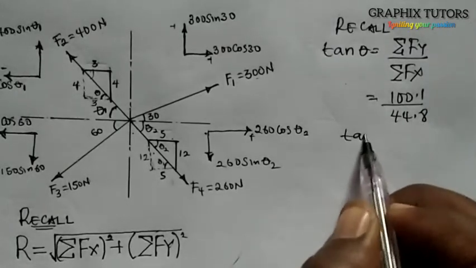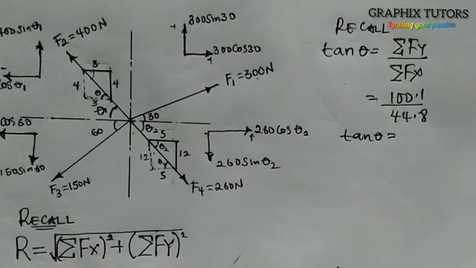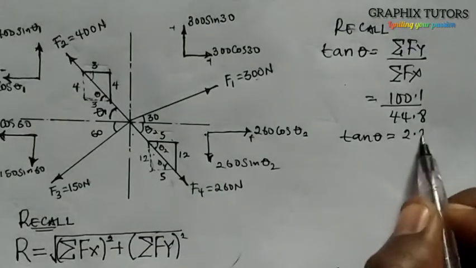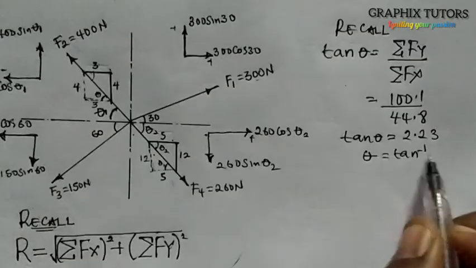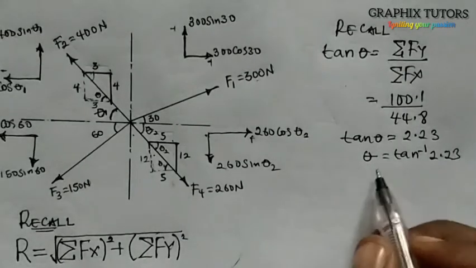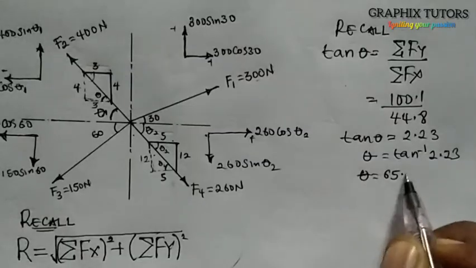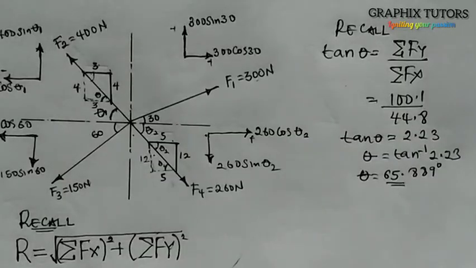So tan theta here will now give us 100.1 divided by 44.8, and that will give us 2.23. So theta will give us tan inverse 2.23. So we shift tan, and this will give us 65.88 degrees. So theta is 65.88 degrees. So that is our answer.